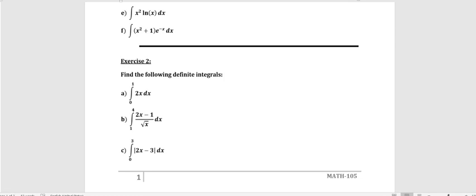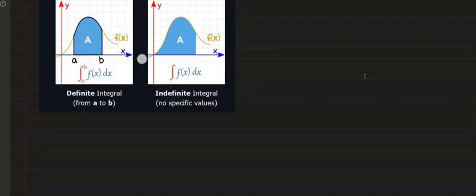Now let's move to exercise 2, which discusses the definite integrals. So the definite integral versus the indefinite integral. In the definite integral, instead of integrating this stretched s, we said that it's for the sum, but with the stretched s without numbers, it's going to include a lower limit and an upper limit.